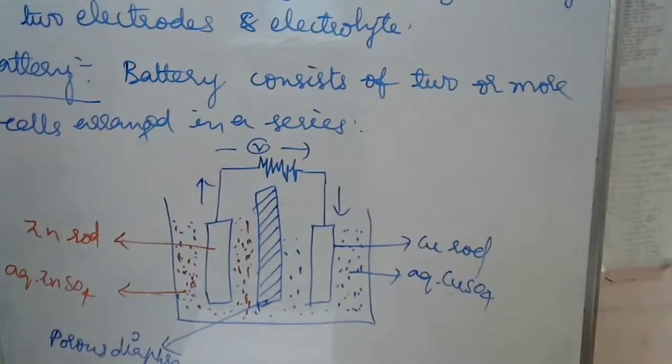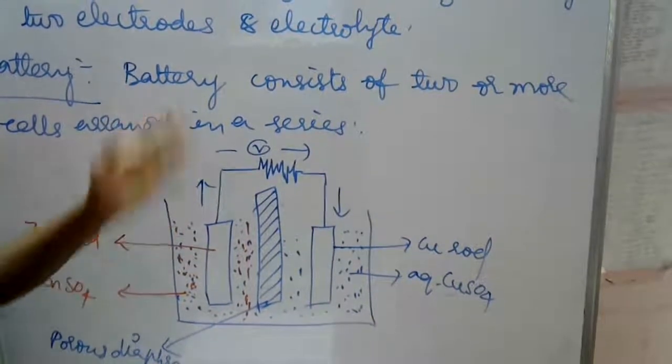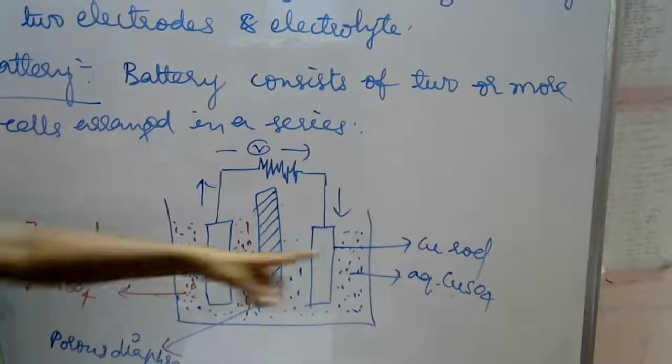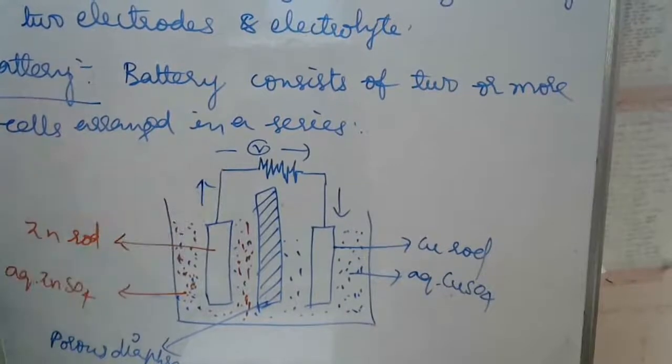So this is the battery. Here it consists of two or more cells. Zinc rod and copper rod will be there, with aqueous zinc sulfate and aqueous copper sulfate.